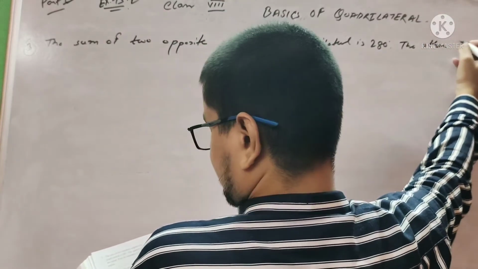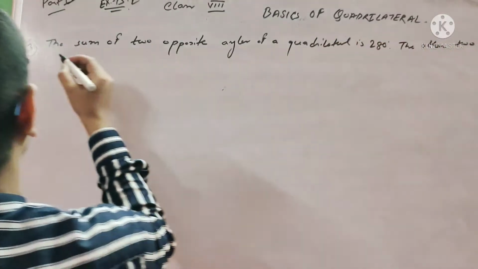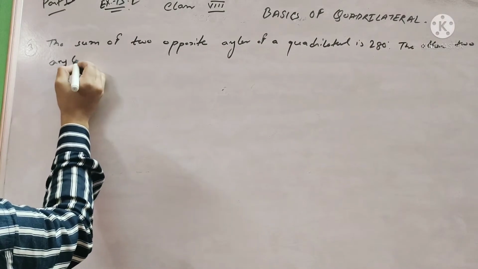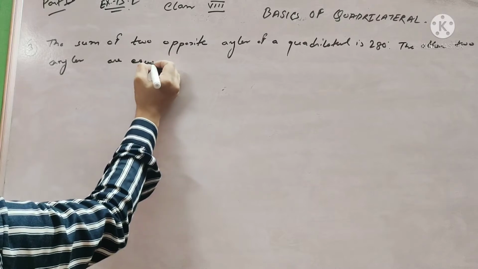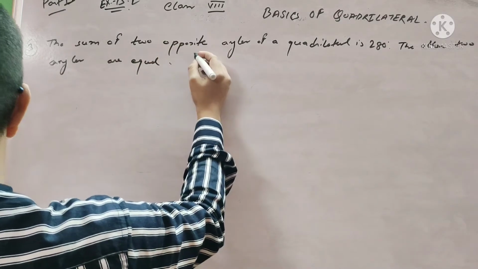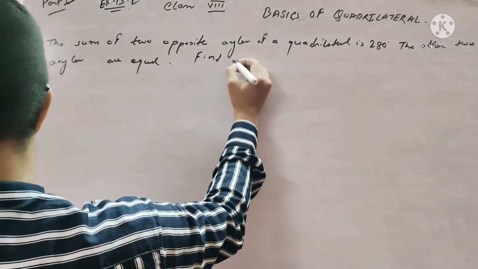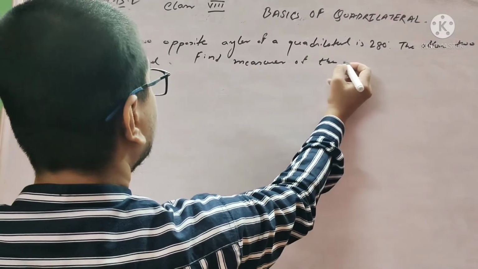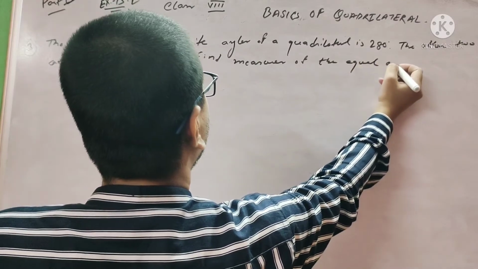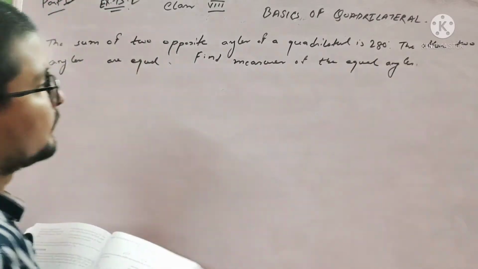The other two angles are equal. Find the measures of the equal angles.